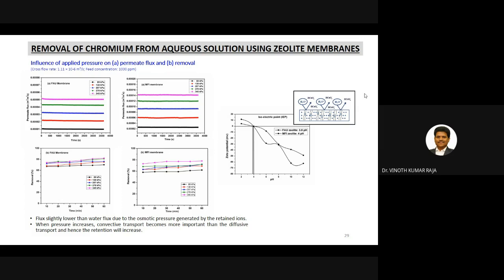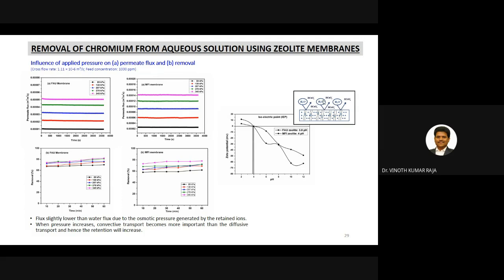If the pH of the contact chromic acid solution is less than 4, the membrane acts as a positively charged membrane. If it is more than 4 pH, it acts as a negatively charged membrane.